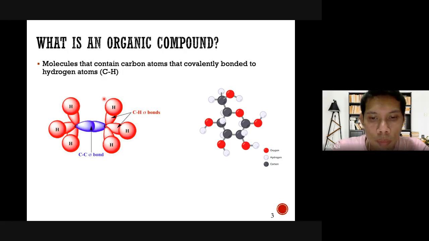So what is an organic compound actually? It is a molecule that contains carbon atoms covalently bonded to hydrogen atoms, which is C-H. Here the structures of the carbon and hydrogen are represented in this electron shell.